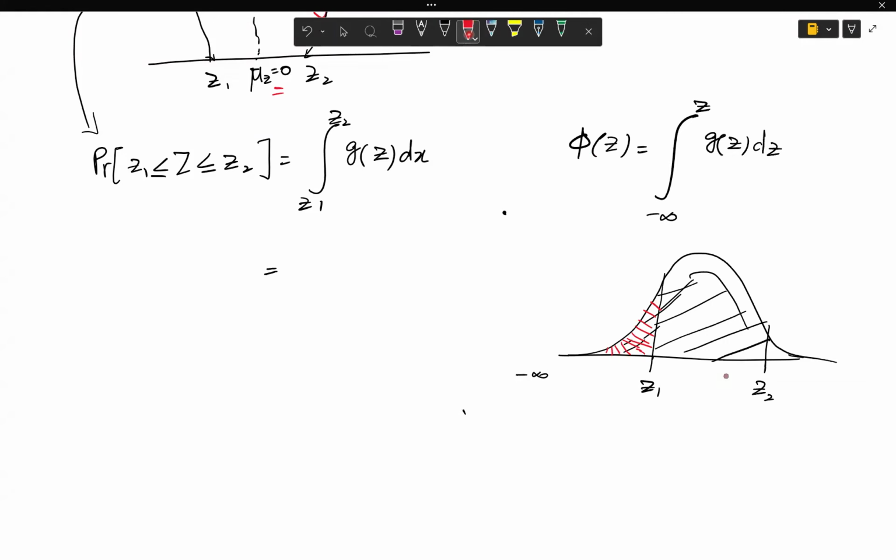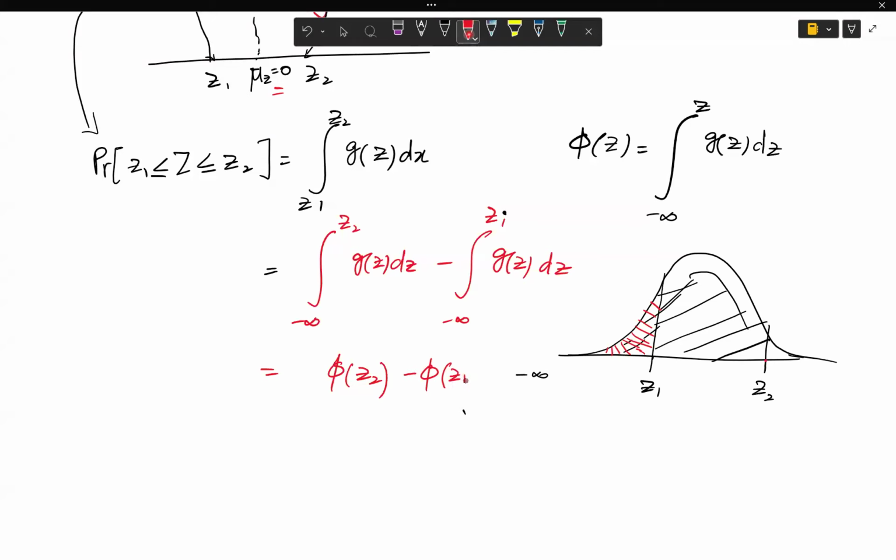So from z1 to z2, it can be written as phi of z2 minus the area to z1. This is then phi of z2, the area under the curve from minus infinity to the z2 value, minus phi of z1. So this needs to be estimated.